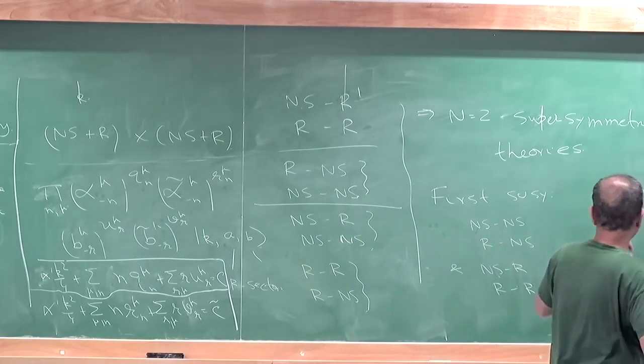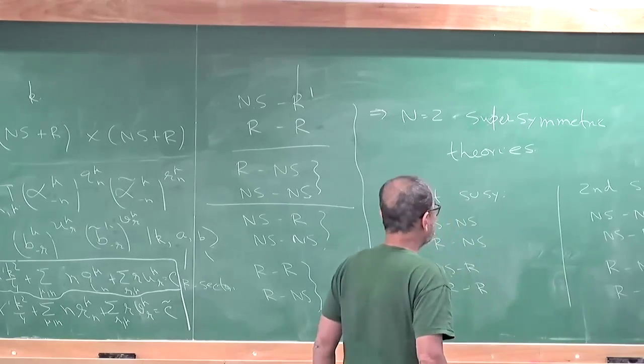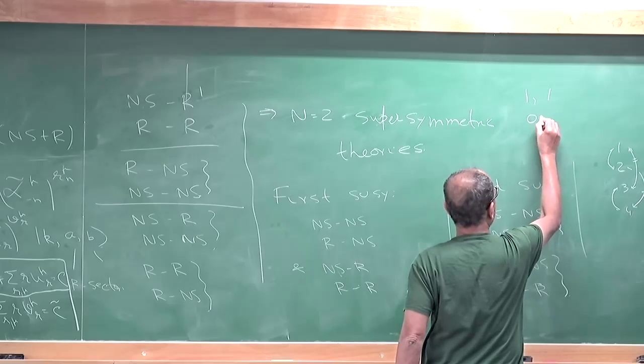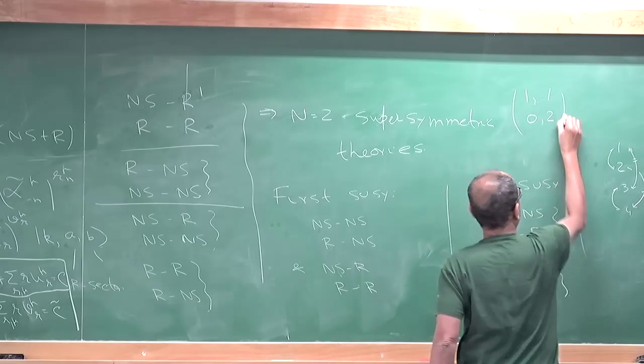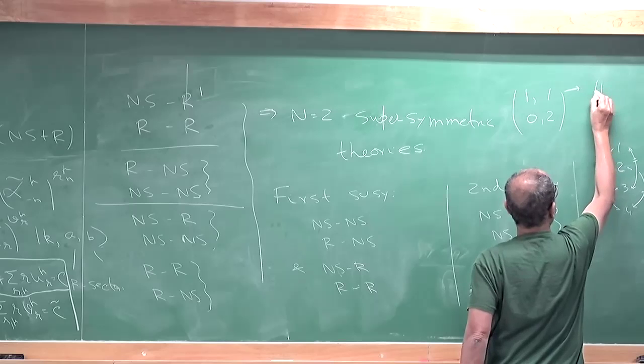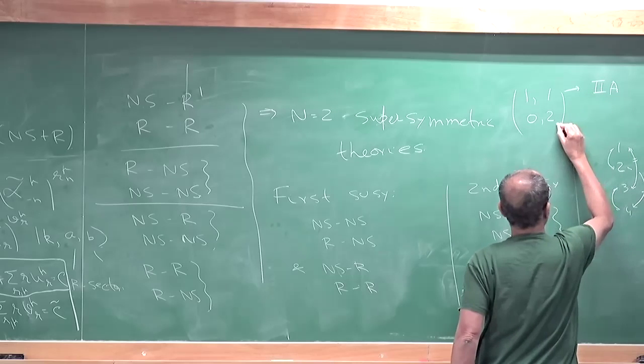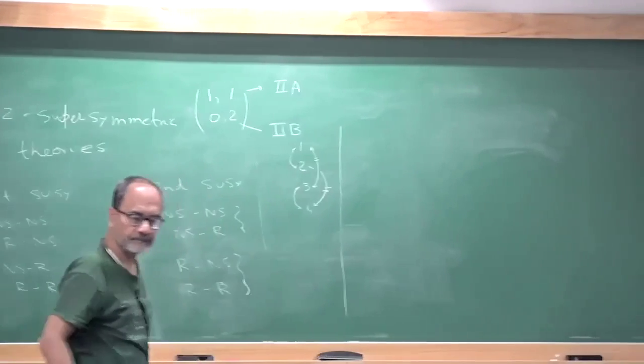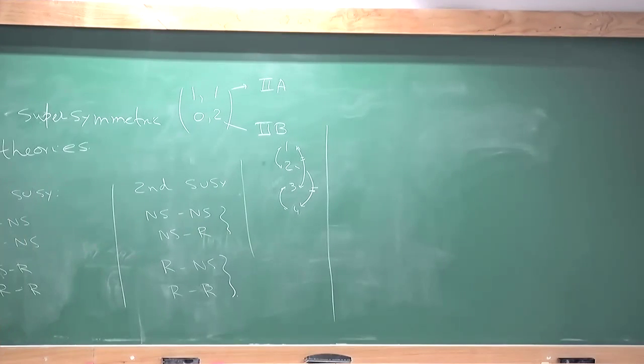Okay, so this is also sometimes referred to as (1,1) and (0,2). This is for 2A and this is for 2B. I'll explain what I mean by (1,1).